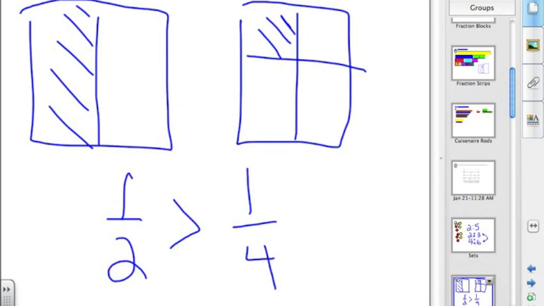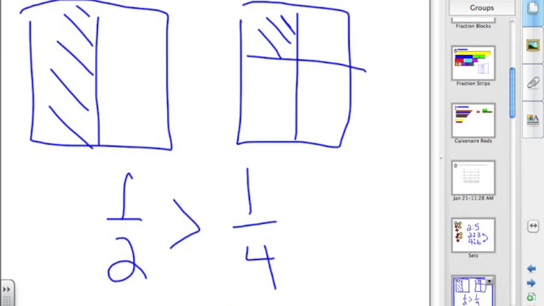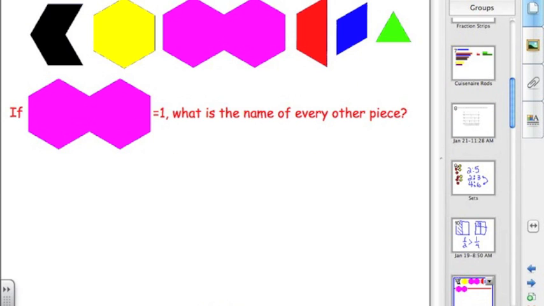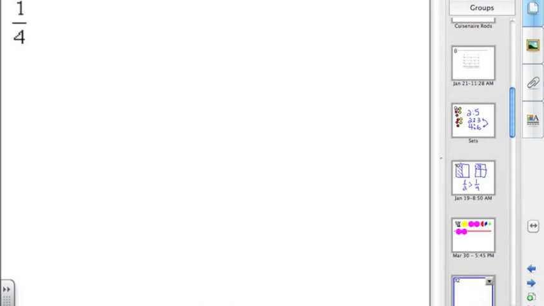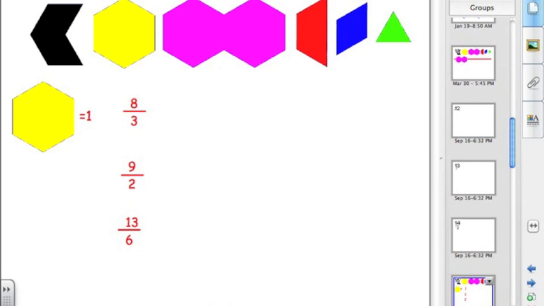Okay, so then I asked you to do some modeling, but I think we will. So I asked you to model some of the fractions like 1/4, but I think you probably got that okay, did you? So let's skip down to the comparing. Oh no, let's skip down to this one.